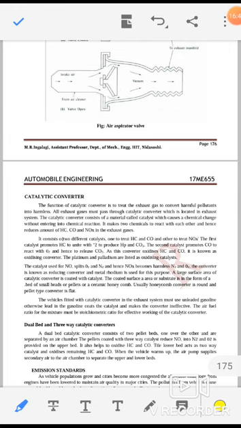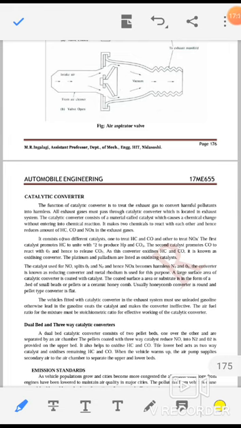A large surface area of the catalytic converter is coated with the catalyst, in the form of a bed of small pellets or ceramic honeycomb.